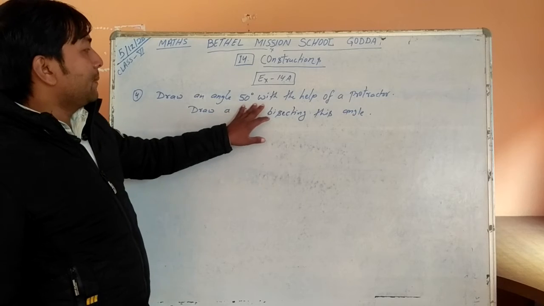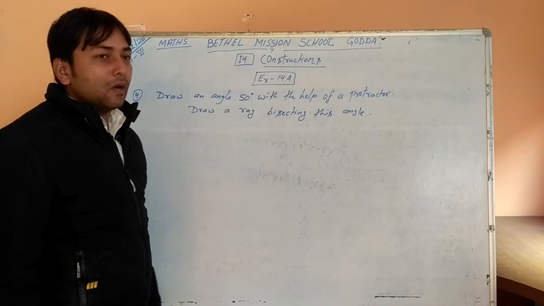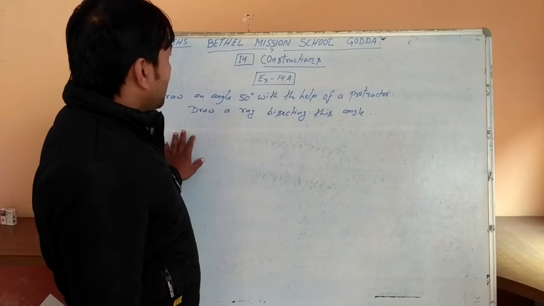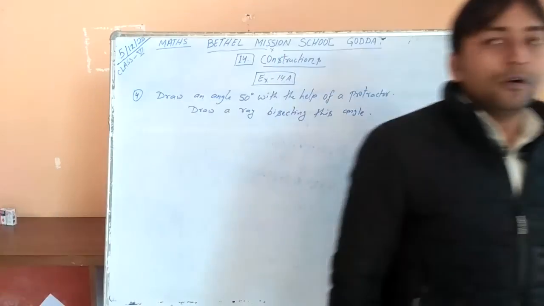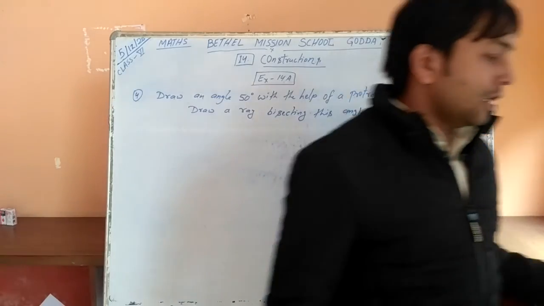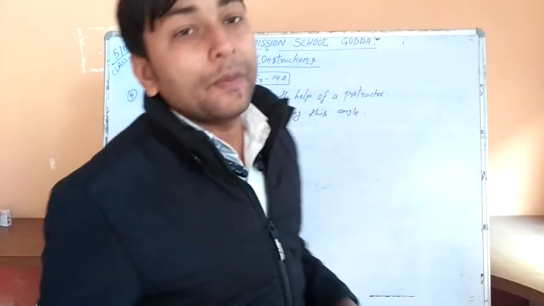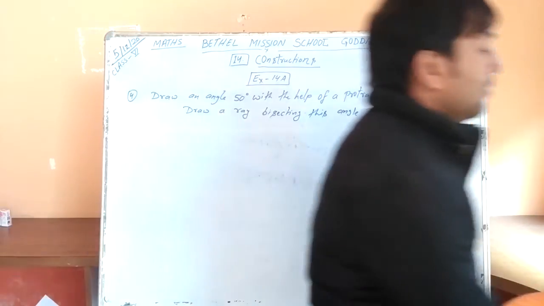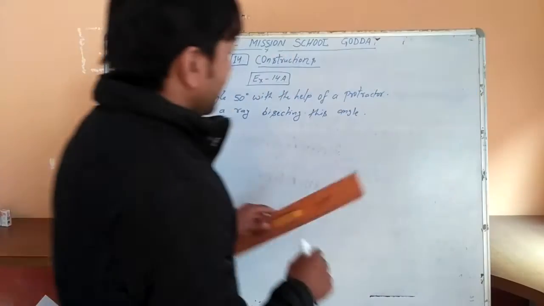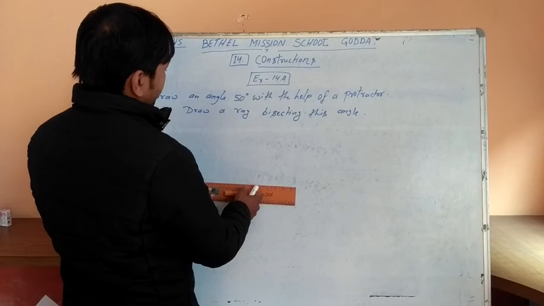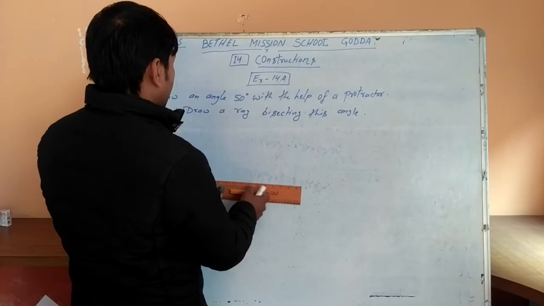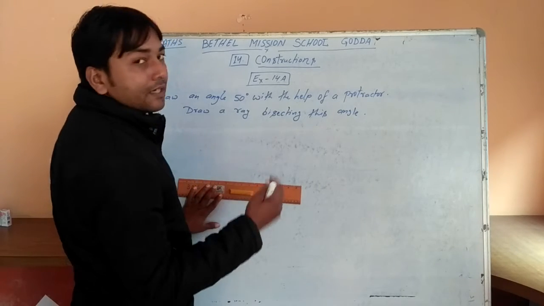Draw an angle of 50 degrees with the help of a protractor. Draw a ray bisecting this. With the help of a protractor, you have to draw 50 degrees, okay. So how can you draw 50 degrees? You know already. First, draw a line without any measurement.